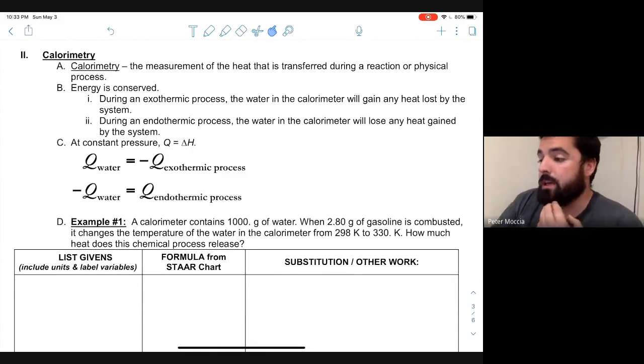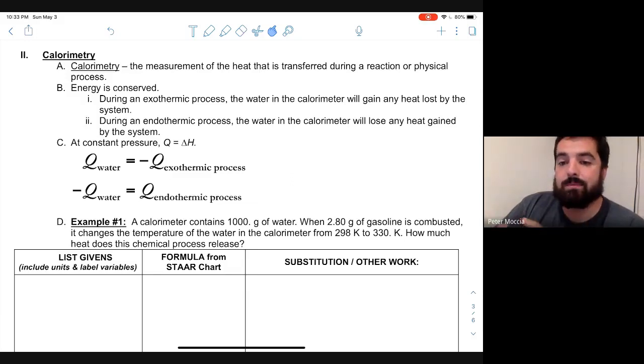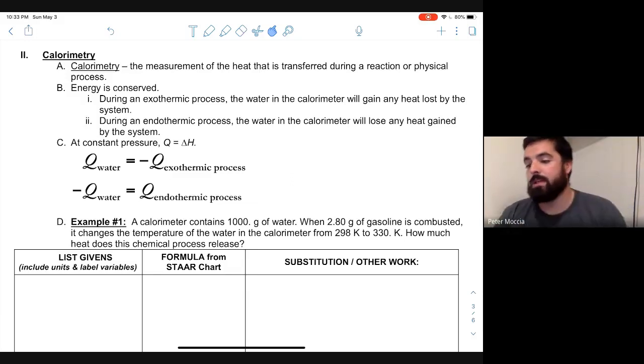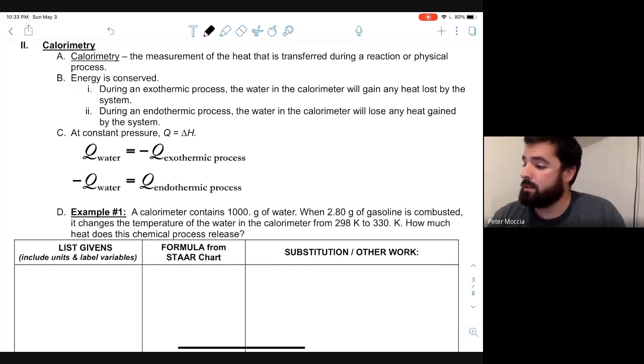So calorimetry is the measurement of heat that is transferred in some sort of reaction or a physical process. There's a couple types of calorimetry that you'll see. Like in this first question, this would be called a bomb calorimeter.